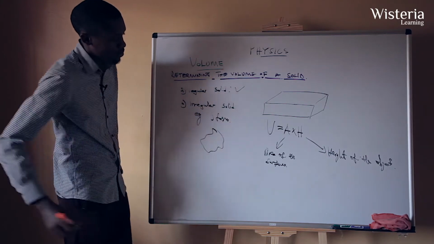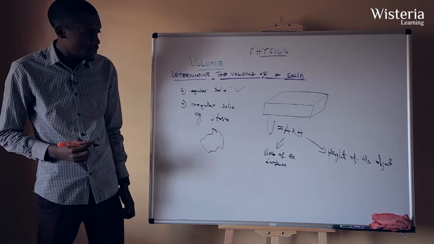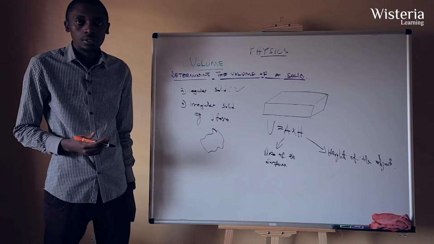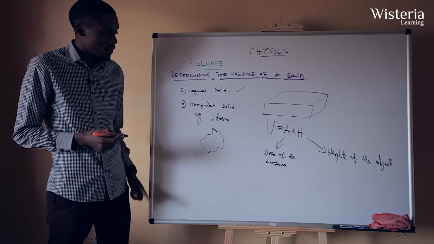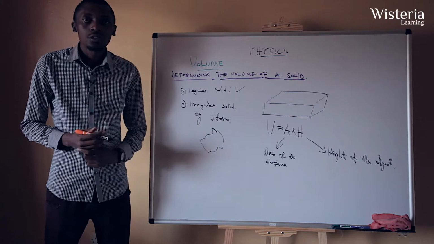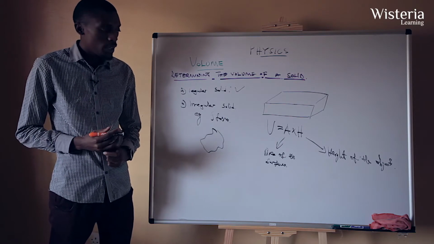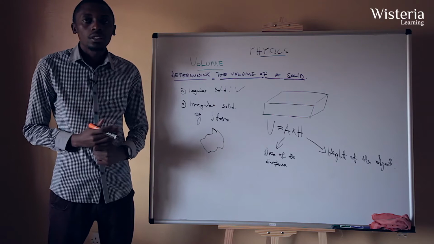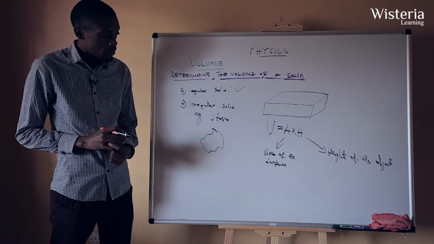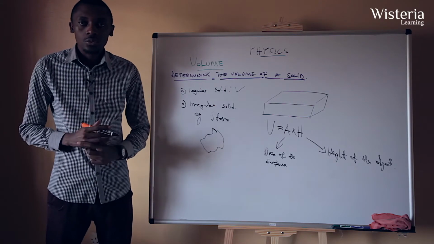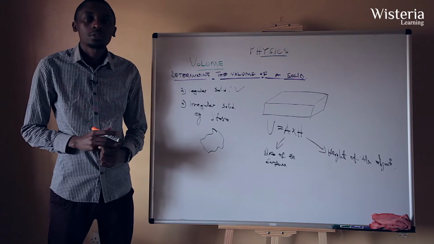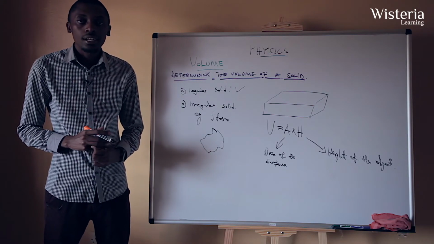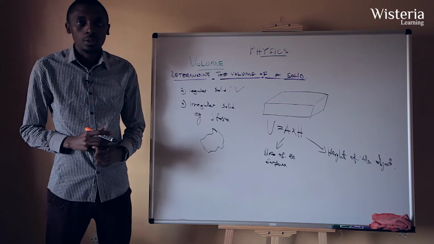A stone is irregular because the sides of the stone are not easy to measure with a ruler. In order to determine the volume of a stone, we use two distinct methods in physics: the displacement method as well as the Eureka can method. This is what we're going to look at.